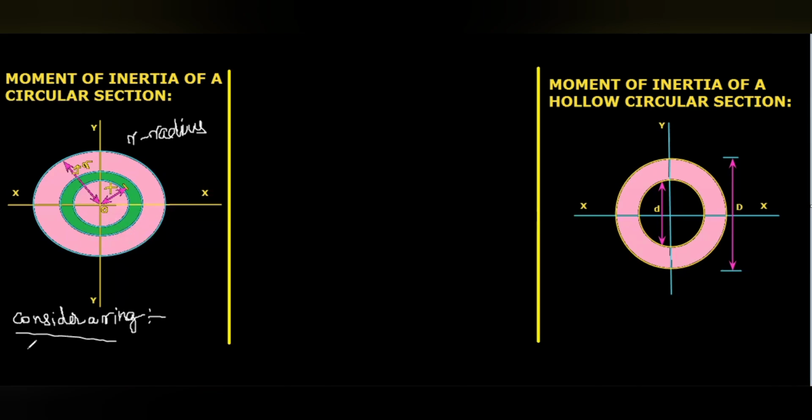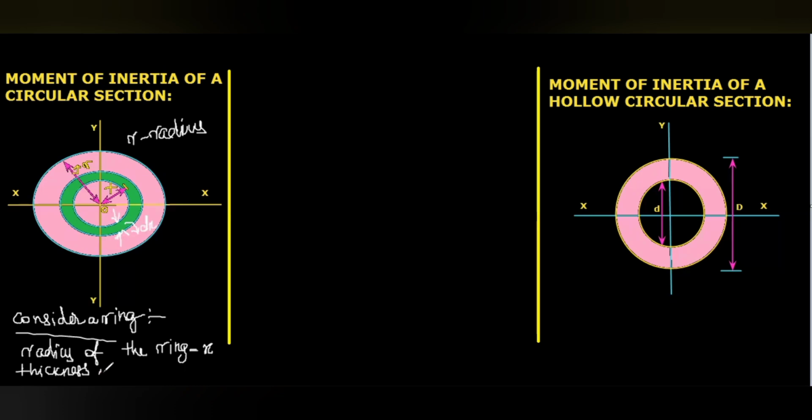The radius of the ring is x. Okay, this one is the radius, and the thickness of the ring, that means this dimension, we are going to take as dx. That is the thickness of the considered ring, dx.